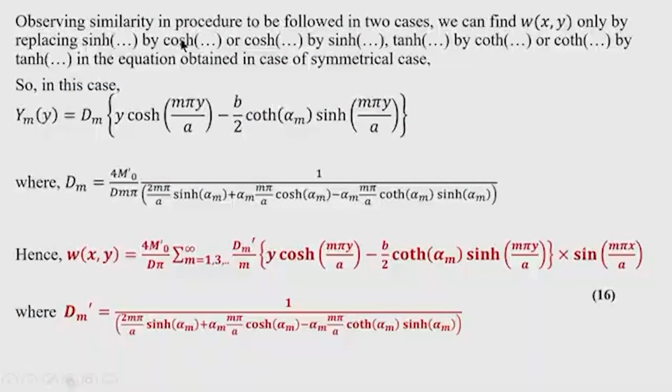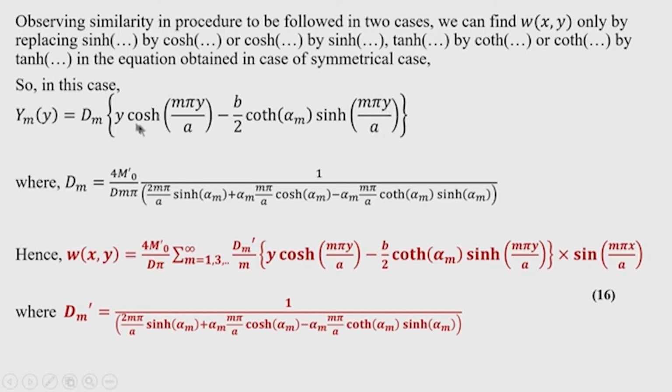Replacing these terms by appropriate antisymmetric counterparts, we can write y m y equal to d m y cos hyperbolic m pi y by a minus b by 2 cot hyperbolic alpha m sin hyperbolic m pi y by a.